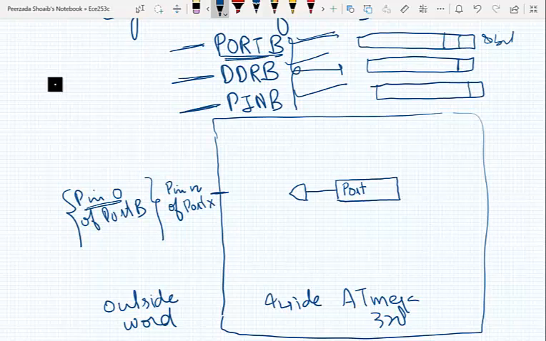So this corresponding pin of port X is connected with the inside world using this buffer. So whatever we put in port X will be sent to the outside world. But at the same time, this outputting or inputting will be controlled by the data direction register. So the data direction bit will be like this.